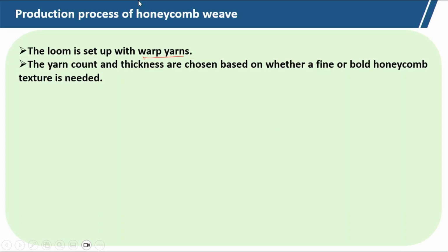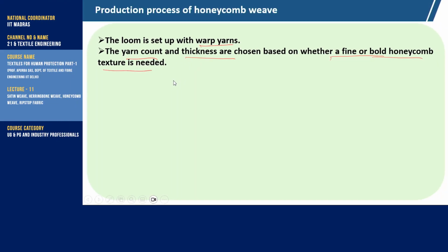The yarn count, that is yarn linear density, and yarn diameter is chosen based on whether the fine or bold honeycomb texture is needed. If the bold honeycomb texture is required, we use a little bit coarser yarn.